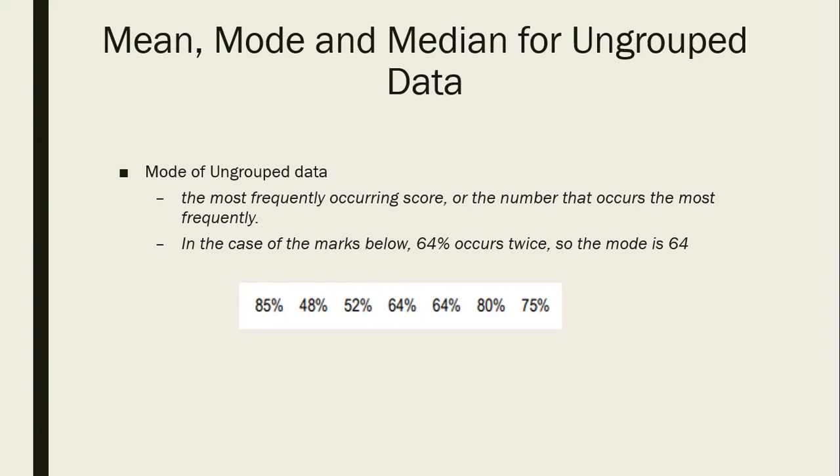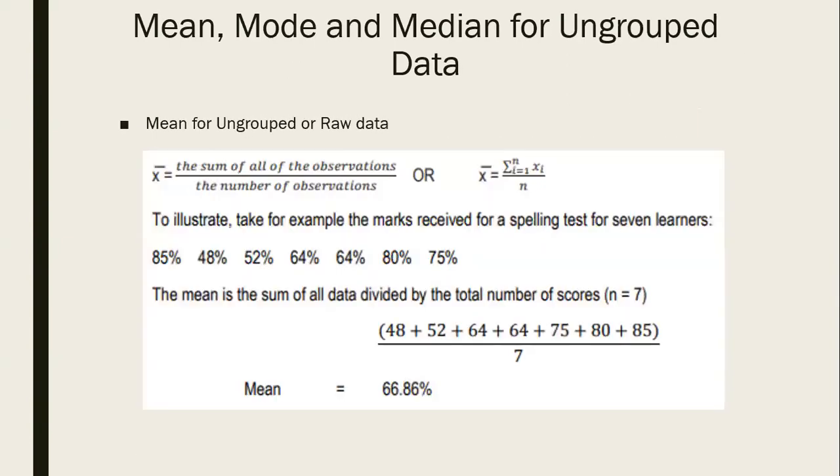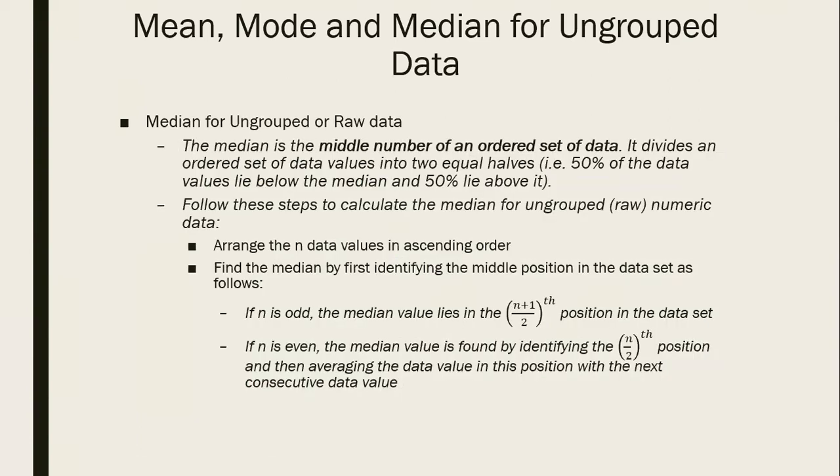Just a recap. The mean for ungrouped data is the sum of all the observations over the number of observations. For the median, the first thing you need to do is arrange your data in ascending order, and then check whether the number of data values is odd or even.